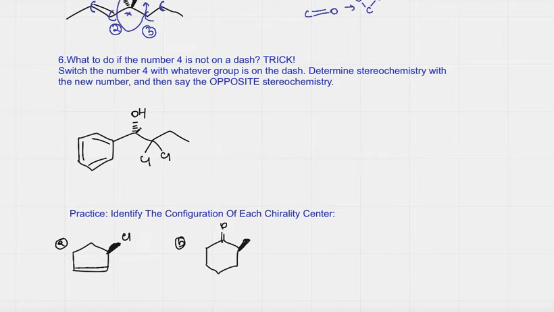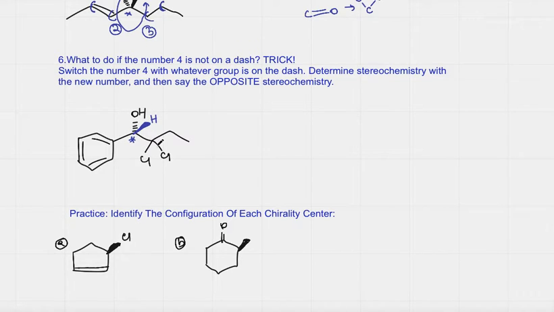Now it only has 3 bonds, it doesn't show the 4th bond, so I have to figure out myself that the 4th bond must be hydrogen, because hydrogens a lot of times are not shown on the carbons, and because my OH was dashed, my hydrogen must be a wedge. Now let's look if it has 4 different groups. It has hydrogen, OH, benzene ring on this side, and chlorines on this. So definitely this carbon is a chiral carbon.